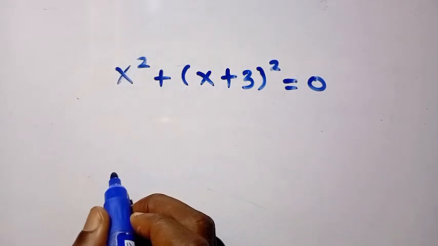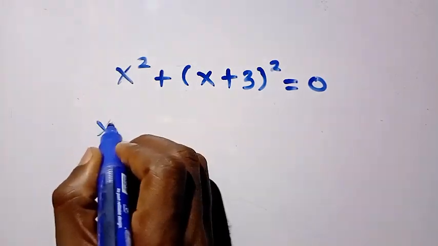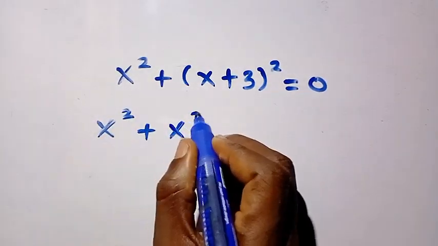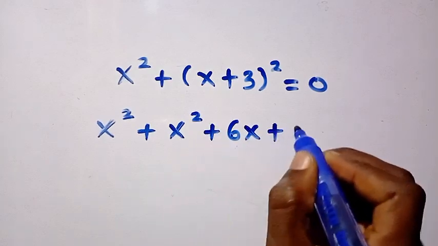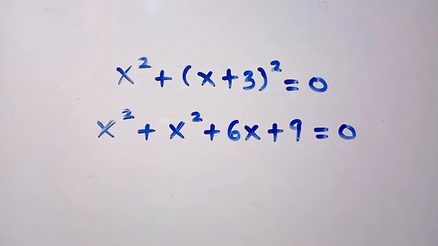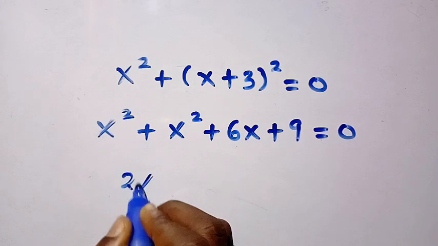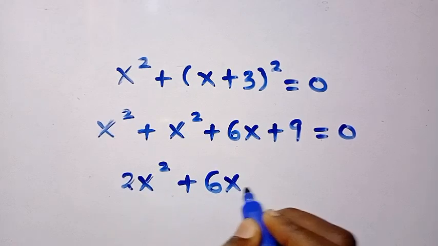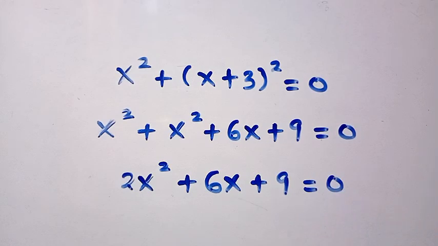Then for this second case, we have to expand this as well, and here it becomes x^2 + x^2 + 6x + 9 = 0, which gives us 2x^2 + 6x + 9 = 0.